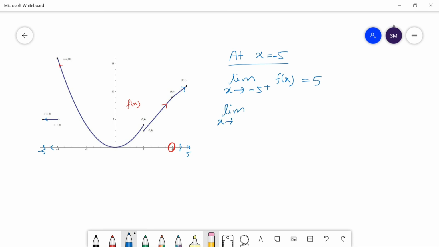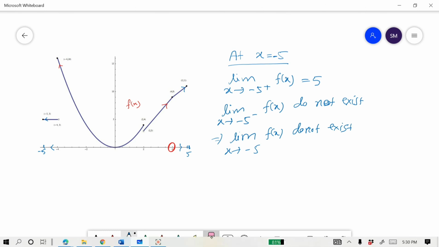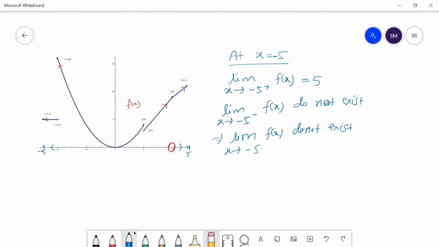Limit x tends to minus 5 minus f of x does not exist, which implies limit x tends to minus 5 f of x does not exist. That's all we have about the one-sided limit.